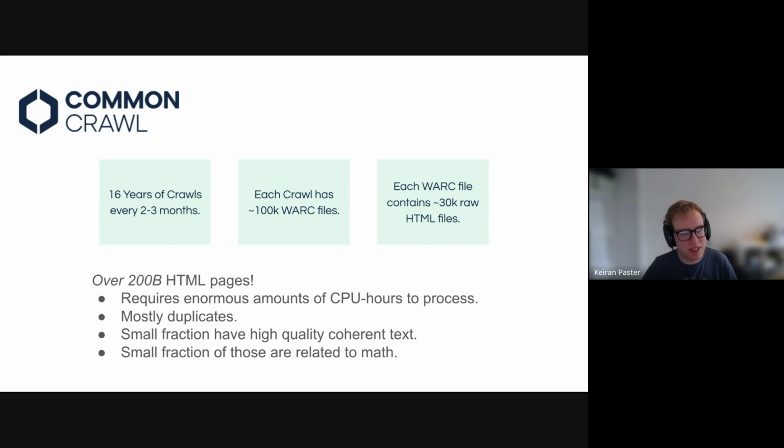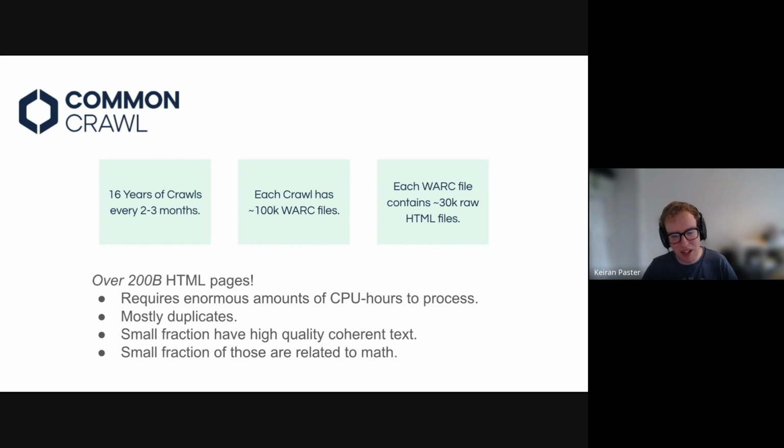Some of the technical problems here are that if you want to do anything with Common Crawl, it requires an enormous amount of CPU hours to process. Secondly, the documents in Common Crawl are overwhelmingly duplicates.